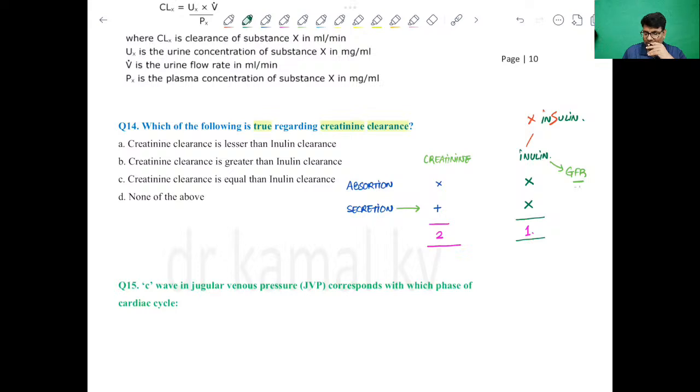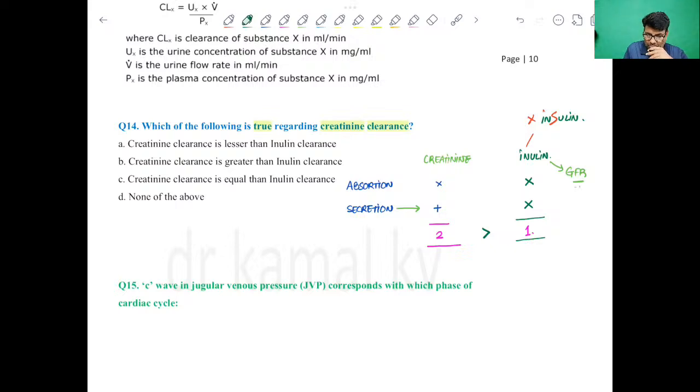But creatinine is a metabolite, a product of metabolism, so it is additionally secreted into the urine, and therefore its value is higher as compared to the clearance of inulin.